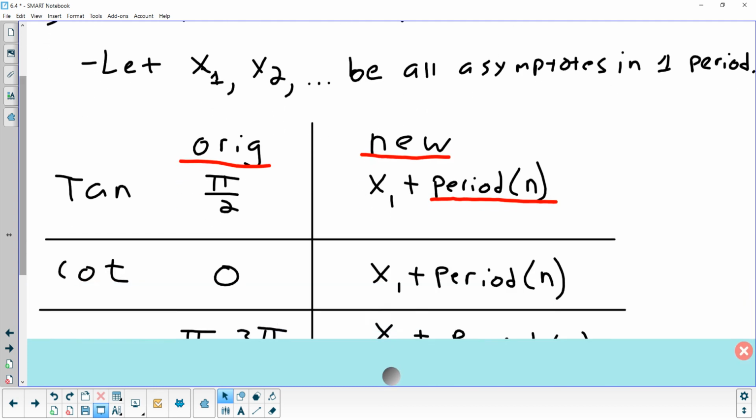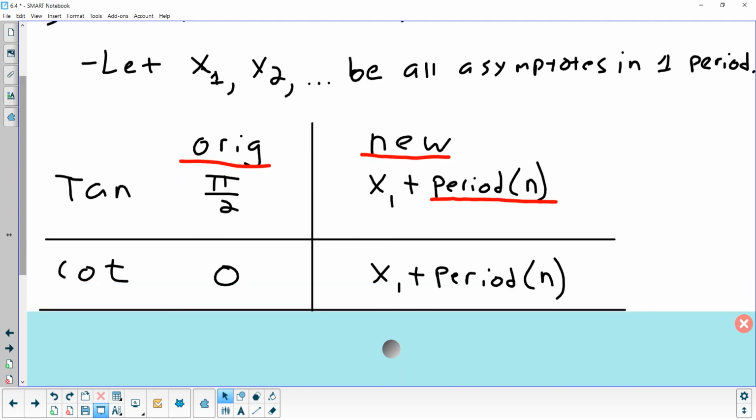For cotangent, your first asymptote that you come across that's not negative is 0. It's not positive either. It's not negative. So that's the first one you come across. And again, that asymptote will repeat every cycle.